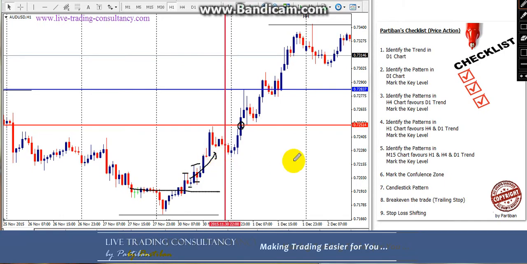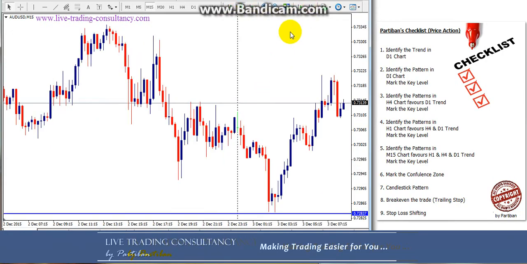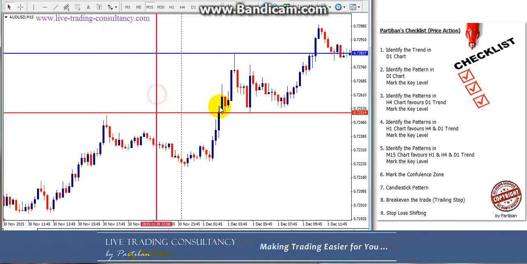So it's an uptrend. In the M15 chart, I'll focus again on the high. This also shows higher high, higher high, higher low, so it's an uptrend, and I'll mark the 15-minute chart.